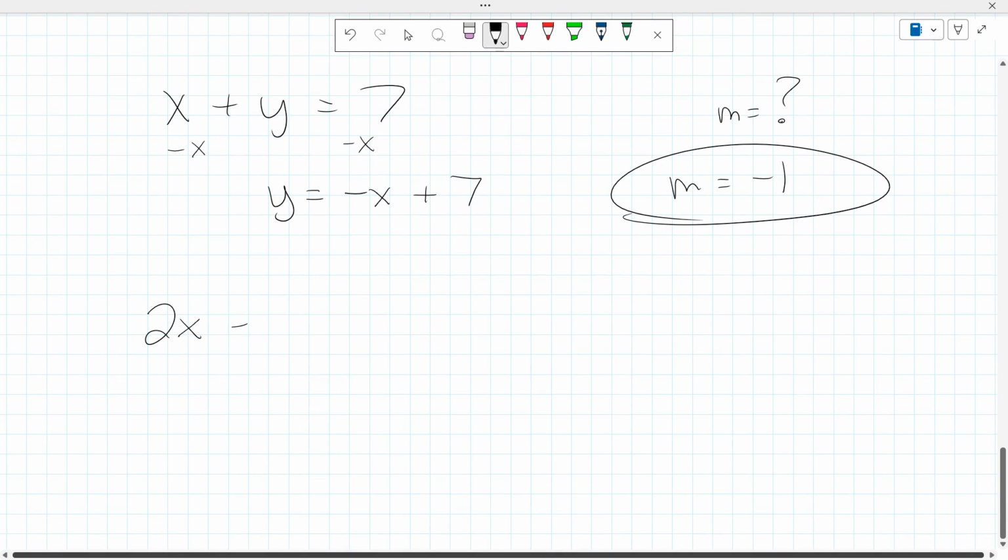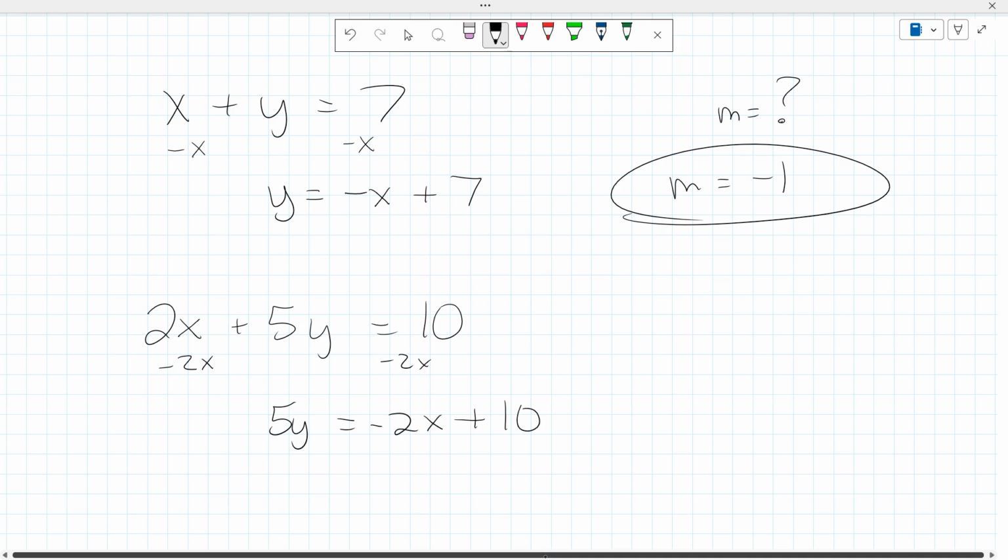2x plus 5y equals 10. Let's find the slope now. What do we have to get alone to find our slope? Y needs to get alone. So what are we going to do with this 2x? We're going to subtract it from both sides. So 5y equals negative 2x plus 10. Then what do we do to both sides?